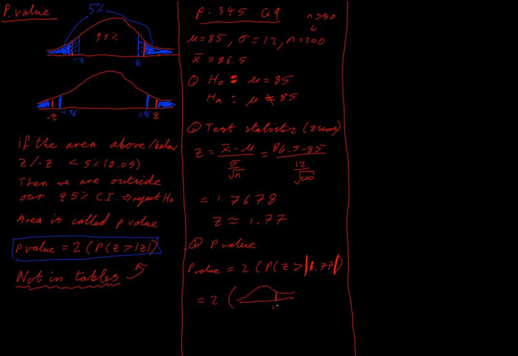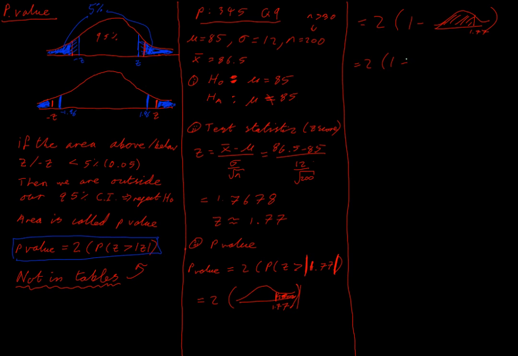Z is 1.77 and we're looking for the area above that. Which means we are looking for 2 times 1 minus the area below that.